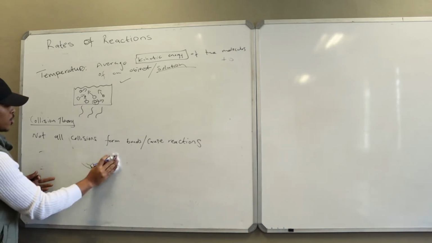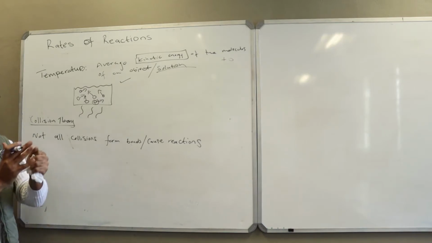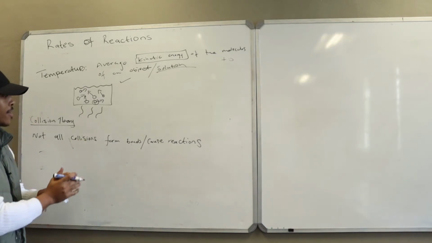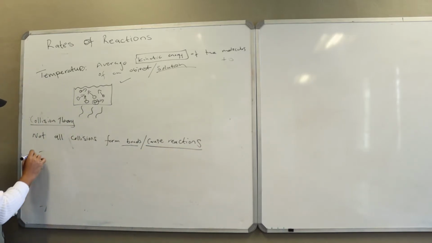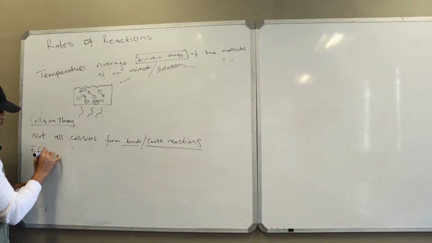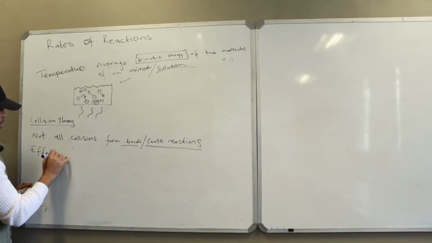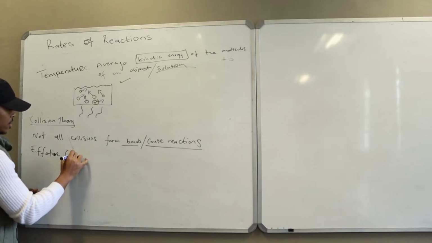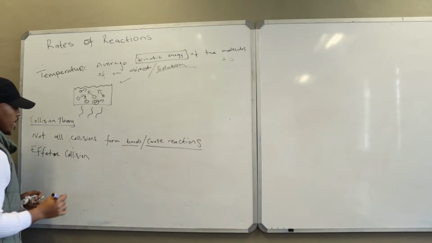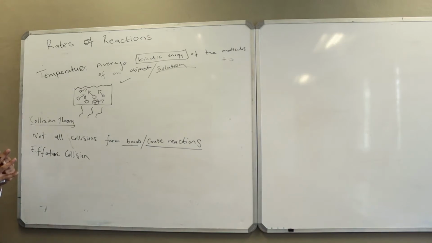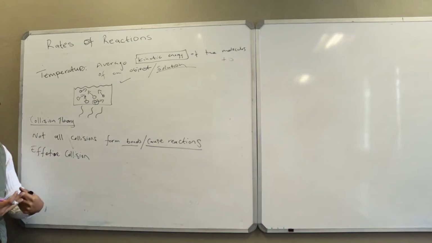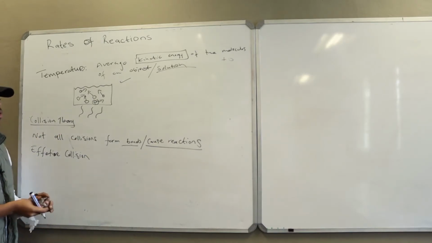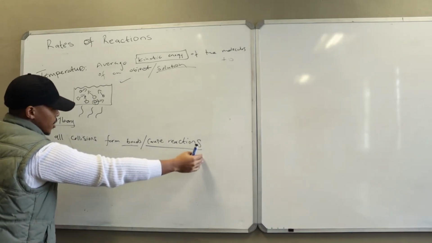Now, when two molecules or atoms collide and they form a bond or cause a reaction, we call that an effective collision. An effective collision is when molecules or atoms collide, and that collision leads to a bond or a chemical reaction.